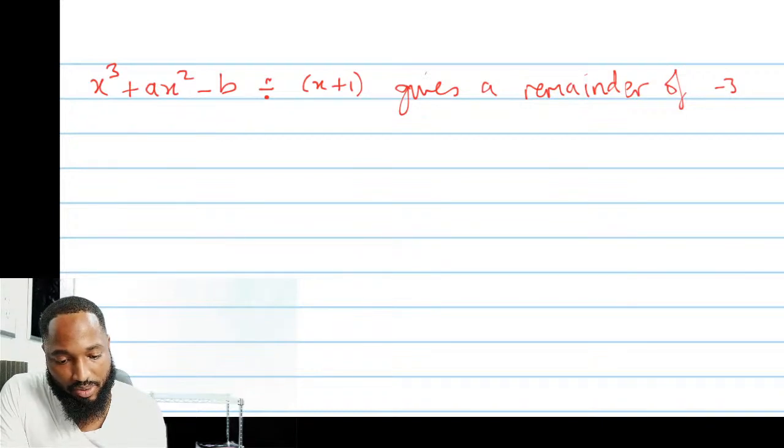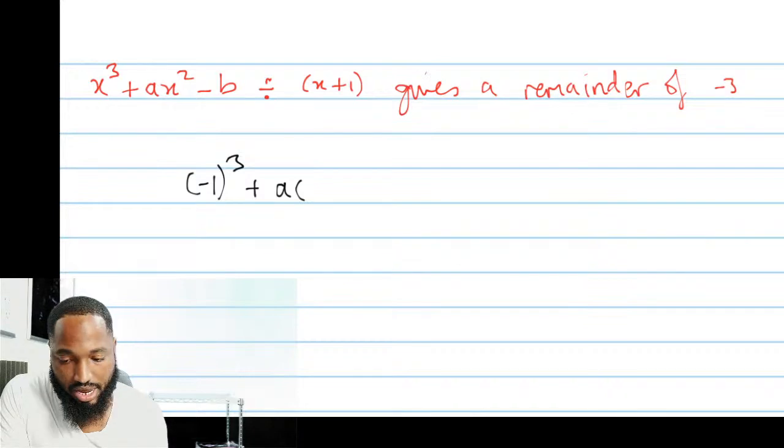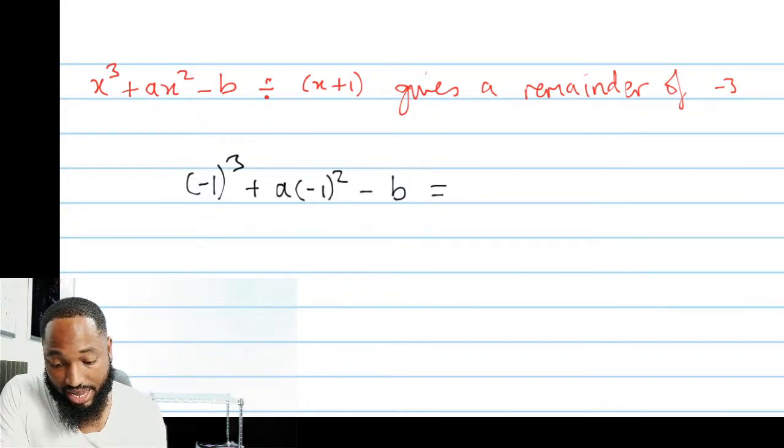So if this gives a remainder of negative 3, it means that if I substitute negative 1 in this, negative 1 cube plus a, negative 1 squared minus b, I'm supposed to be getting negative 3.